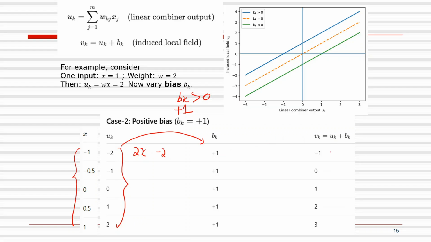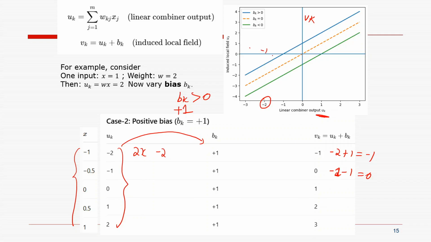Therefore here it will be minus 2 plus 1, which becomes minus 1. Next will be minus 1 plus 1, which becomes 0. If UK is minus 2, VK becomes minus 1.